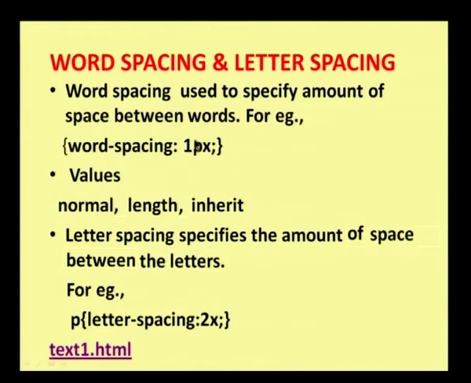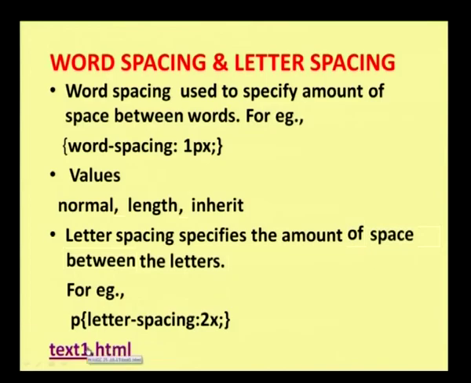Not only numerical values, we can give string values for this property. Letter spacing specifies the amount of space between the letters, so we can define this with an integer value. We can see all these text properties with the help of an example here.